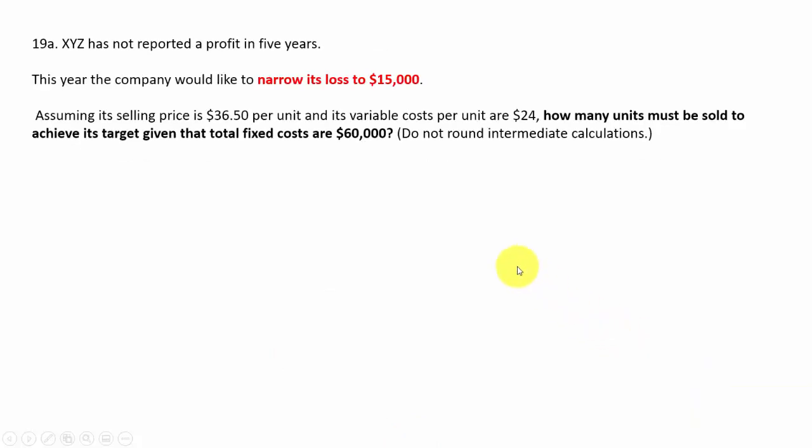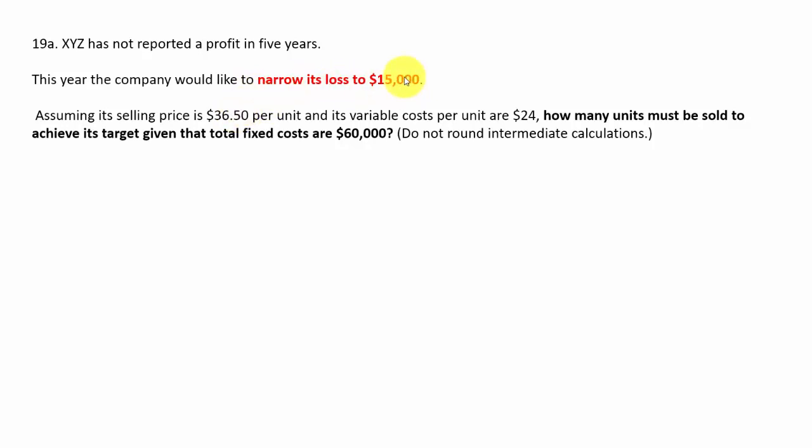Okay, this is our last review question on this review, and this is a little tricky because it makes you think a little bit. This question starts off with: XYZ company has not reported a profit in 5 years. This year, the company would like to narrow its loss to $15,000.